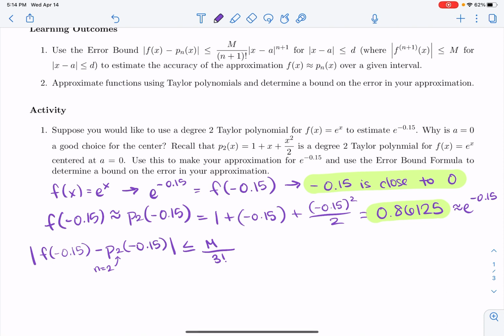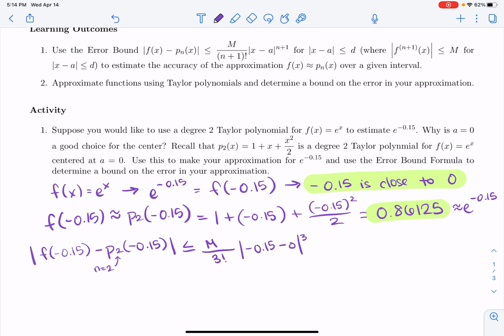So I get a 3 factorial times x minus 0 cubed. Oh, and it's not even x. Let me do that again. Minus 0.15 minus 0 cubed.